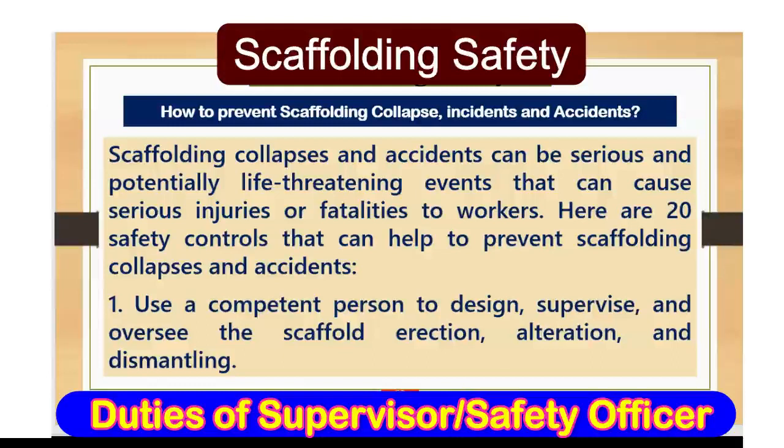Scaffolding collapses and accidents can be serious and potentially life threatening events that can cause serious injuries or fatalities to workers. Here are 20 safety controls that can help to prevent scaffolding collapses and accidents. Let us start one by one.